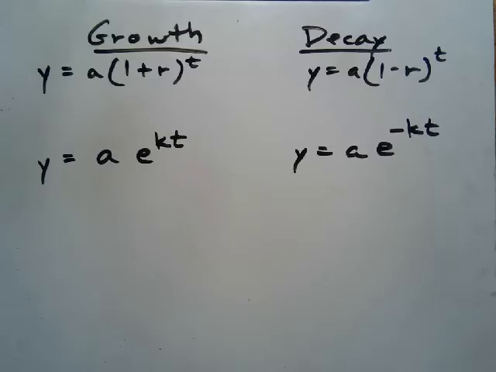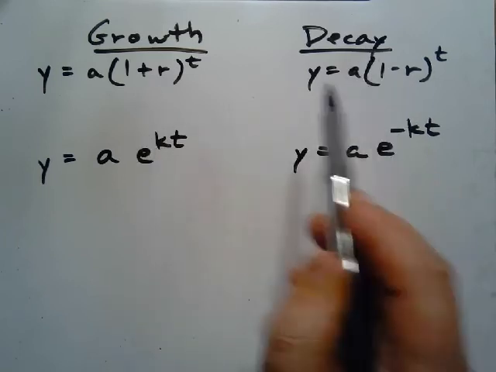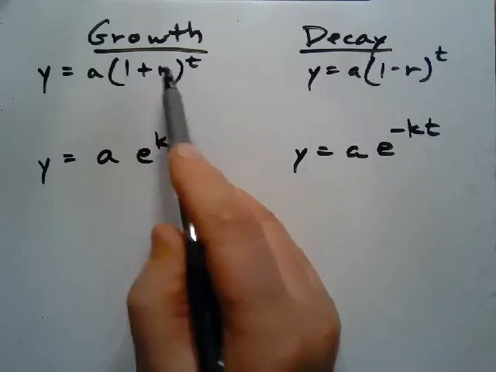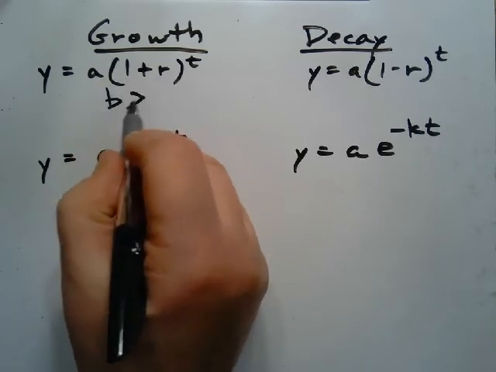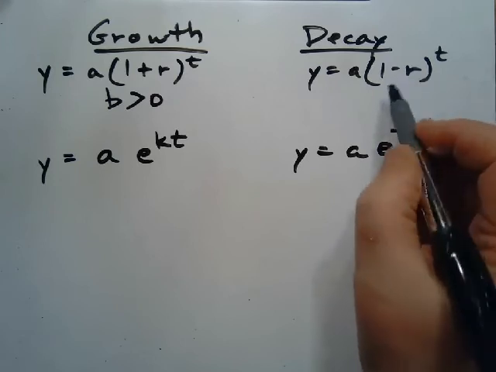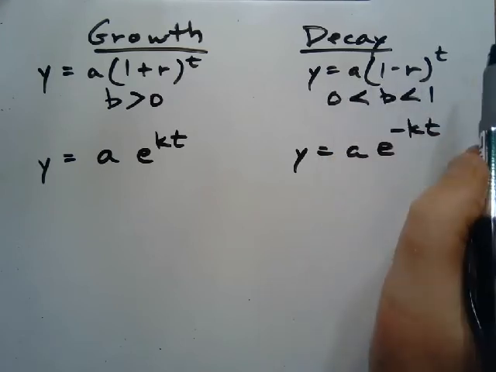All right, let's summarize. You've got basically 4 formulas, but in reality, there's really only 2 here. These on the left are growth, and these on the right are decay. You can tell growth because the base will be greater than 1, and over here, you can tell that this is decay because the base will be between 0 and 1.